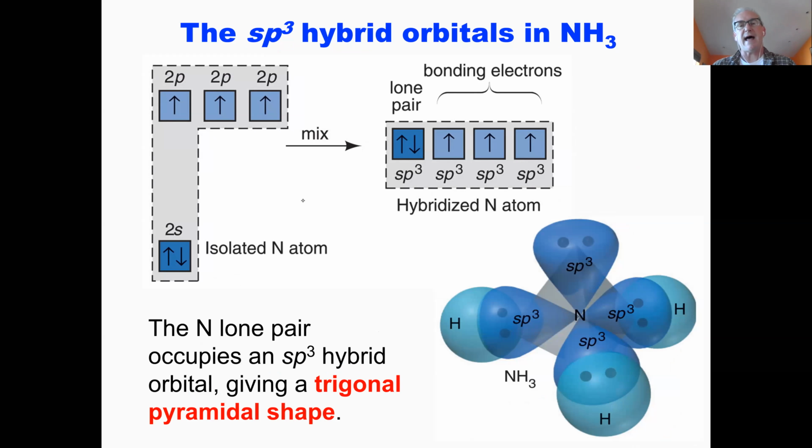But the problem with that is we forget about the lone pair, which is here. That is a region. Remember, when we were looking at the different shapes of molecules, we had to consider the lone pair. We can't see the lone pair, but it influences the shape of the molecule.